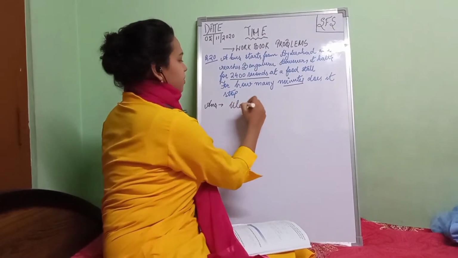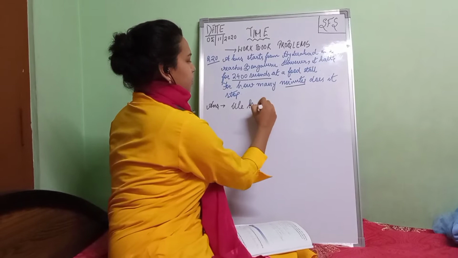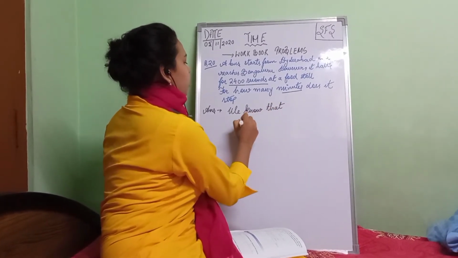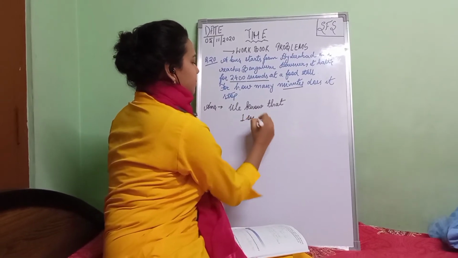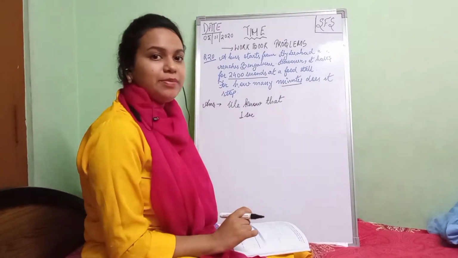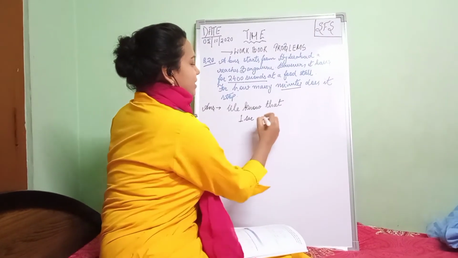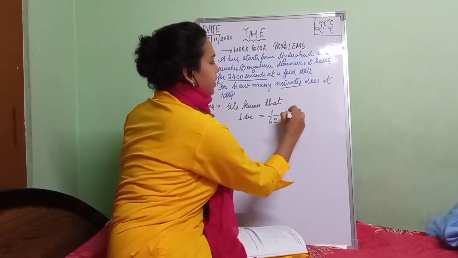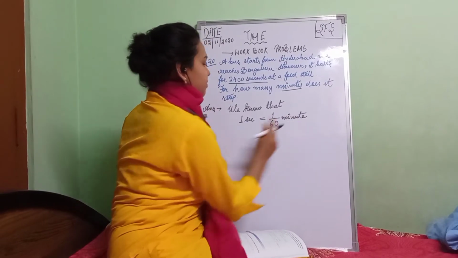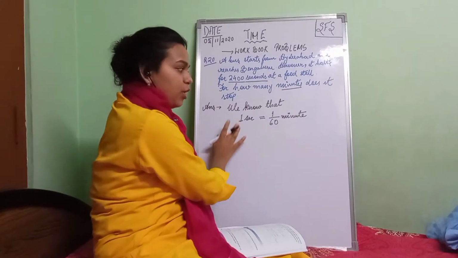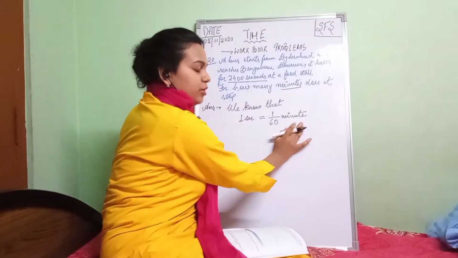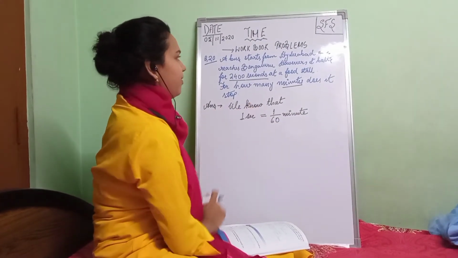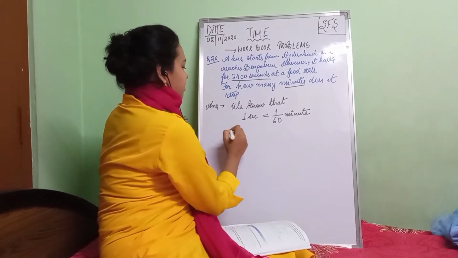We know that 1 second is equal to how many minutes, children? 1 second is equal to 1 by 60 minutes, right? Second is a small unit of time, minute is a bigger unit of time. So from small to big, when we go, what do we do? We divide.